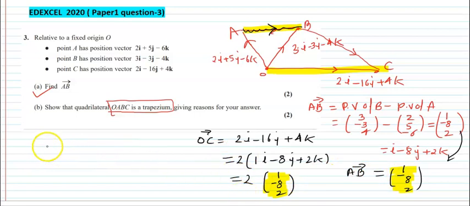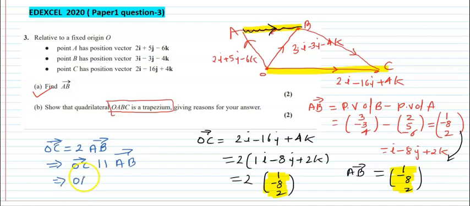So we can say OC is twice of AB. It means OC is parallel to AB. This is not number 11, this is the parallel sign. We have one pair of parallel sides, so OABC is a trapezium. Nice and easy. I hope it is clear now.